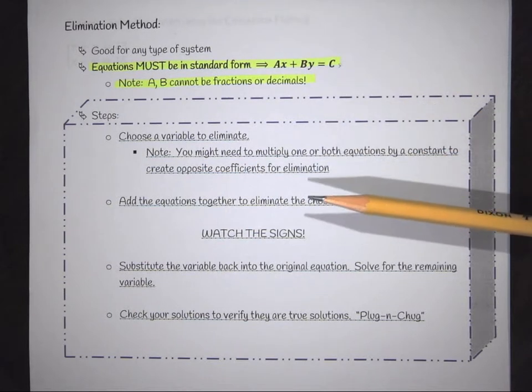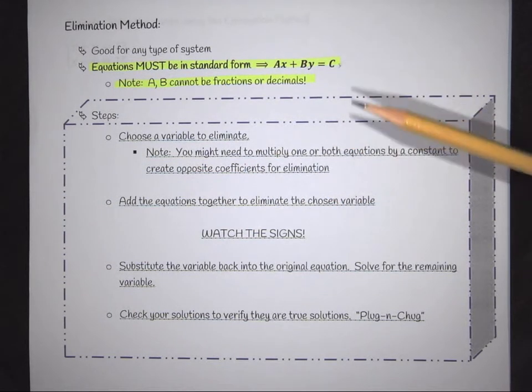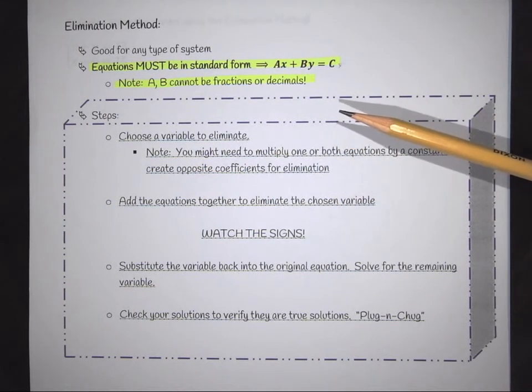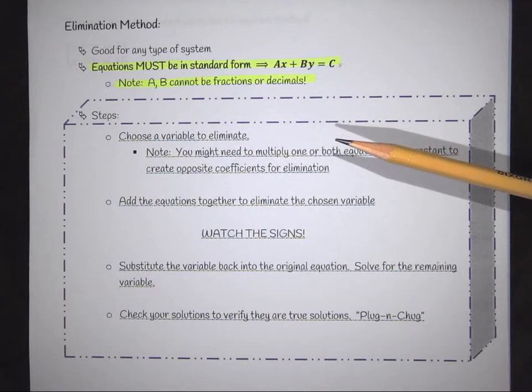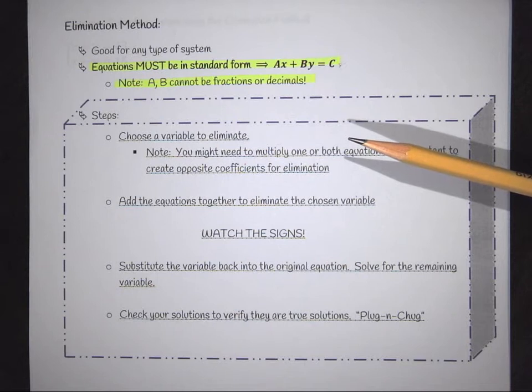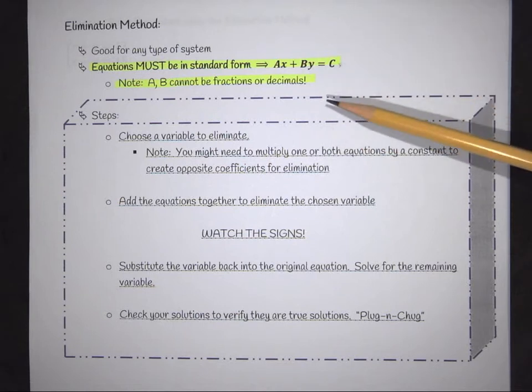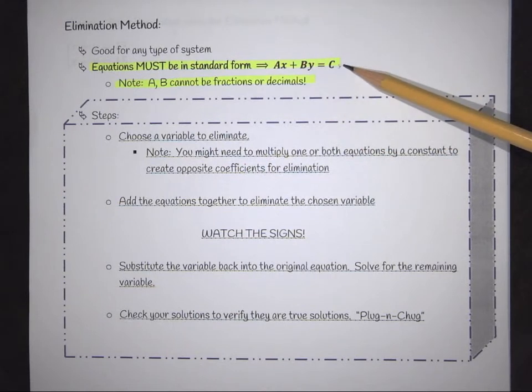Now the other piece about it is that these equations, to use the elimination method, should not be fractions or decimals. Okay, they should not be pieces. If you find that you have an equation that is a fraction, one thing you could do is multiply the whole fraction by its denominator in order to get rid of that fraction, thus making everything whole numbers.